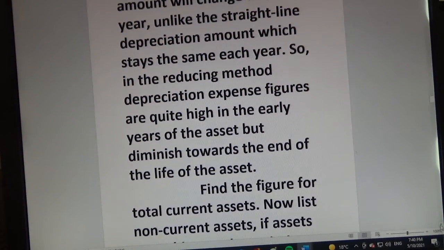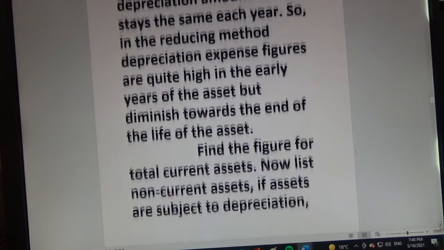So with the reducing method, you get very high depreciation expense figures in the first few years, but at the end of the life of the asset, that figure substantially drops.